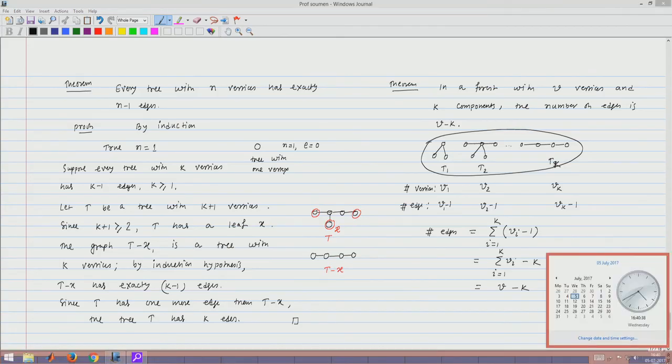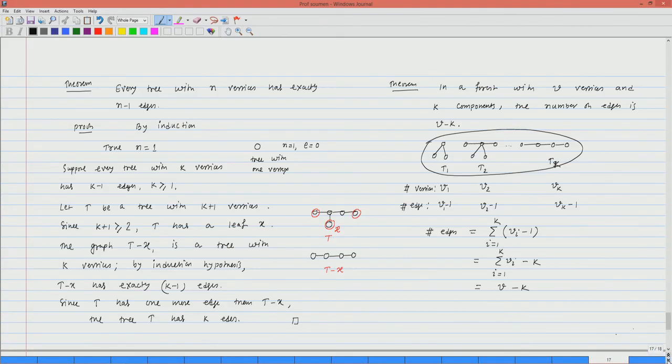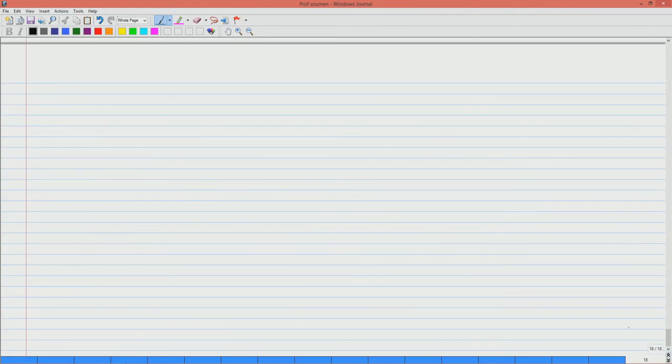Next we just state another theorem related to trees. The following statements are equivalent.